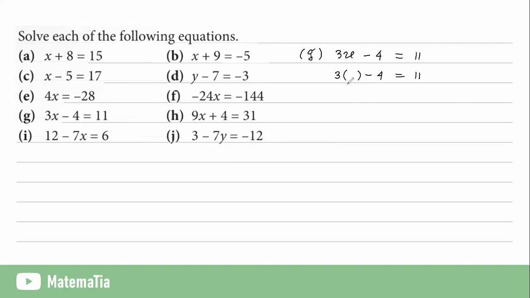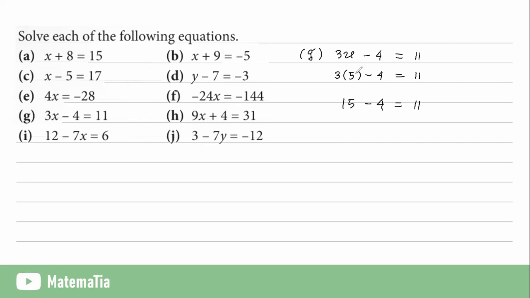Okay, let's say we pick 15, because 15 minus 4 is equal to 11, right? So 3 times what number is equal to 15? So we may write 5 here, because 3 times 5 is equal to 15.